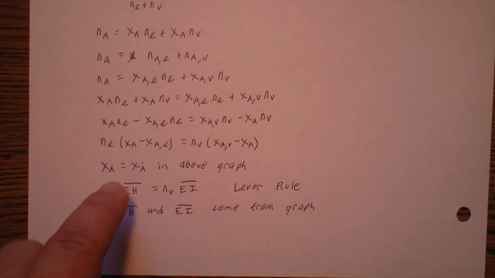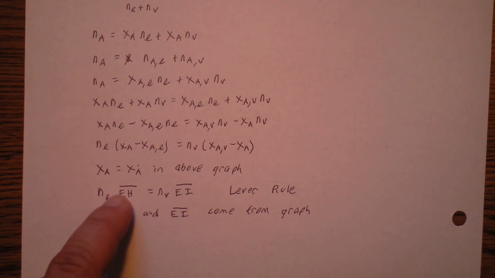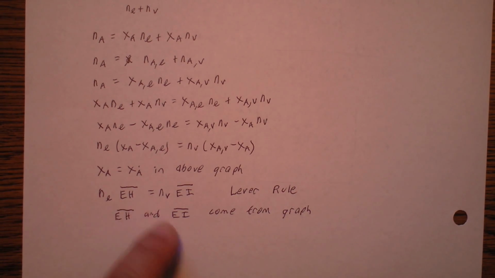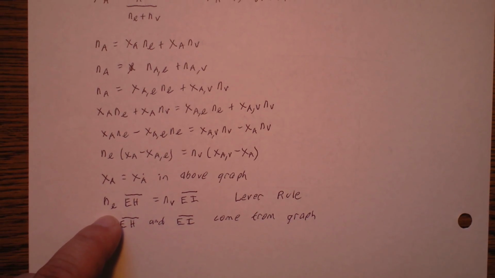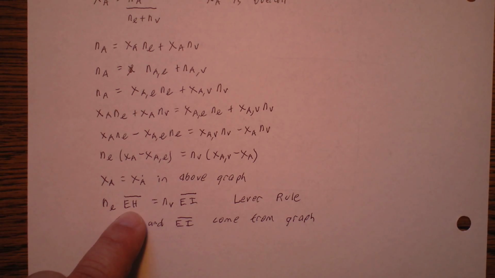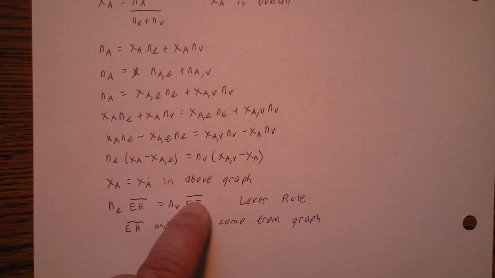I don't know if we normally do it in science. But so we have the number of moles. Okay, so this is length. If I show EH, this is the length of line EH. So the number of moles in the liquid phase times that EH, the length from E to H, is equal to the number of moles in the vapor phase times that length EI.